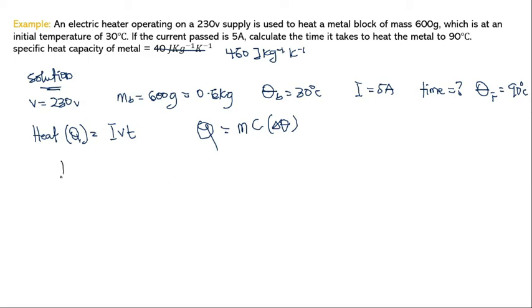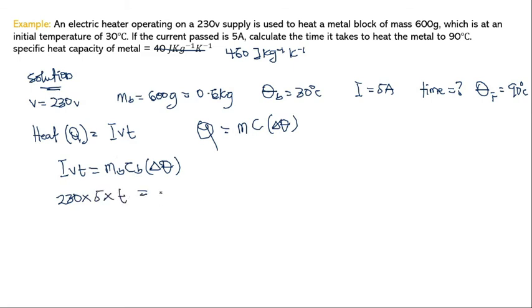So the product of voltage, current and time is equal to the mass of the ball, the specific heat capacity of the ball, and the change in temperature of the ball. We have our voltage, which is 230 volts, multiplied by the current, 5, and then the time, which we don't know.